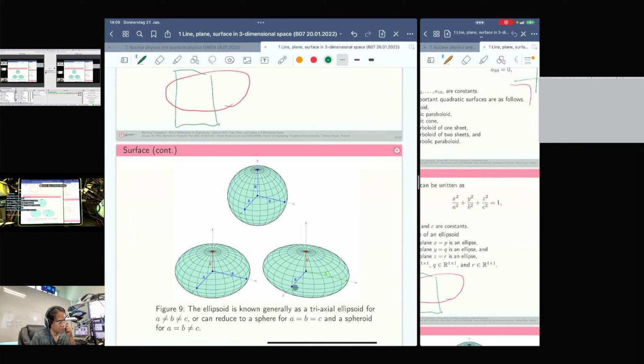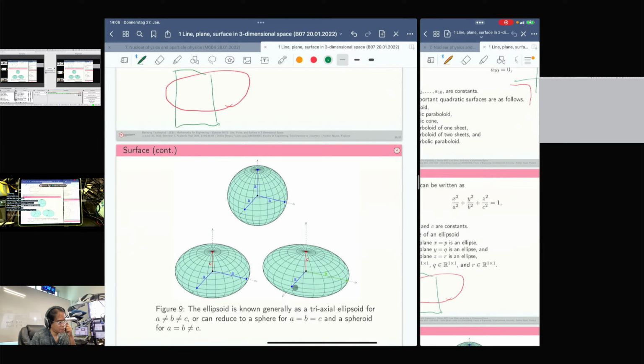Okay, assume that we have the origin of the ellipsoid at 0,0,0, right? At the origin. So we don't move the ellipsoid apart from the origin.